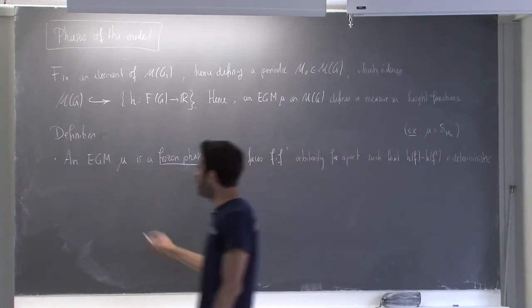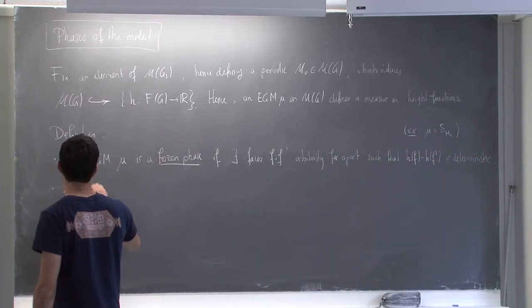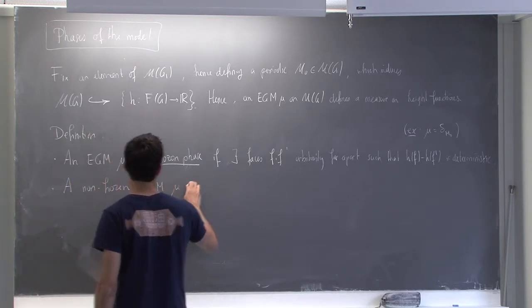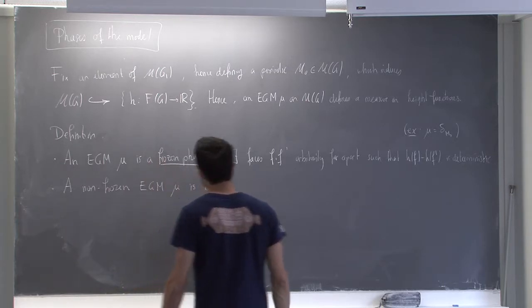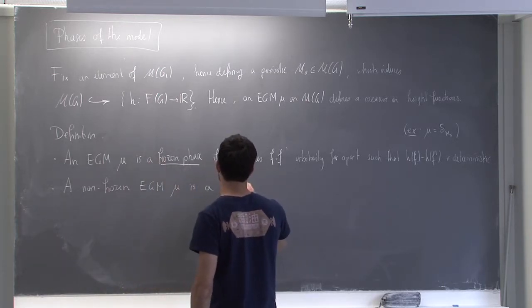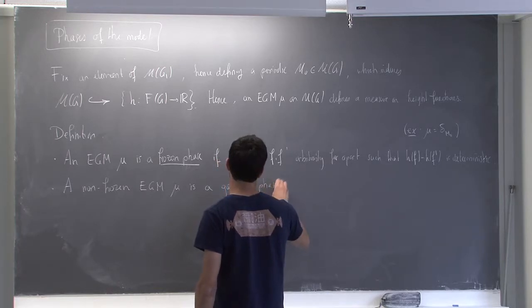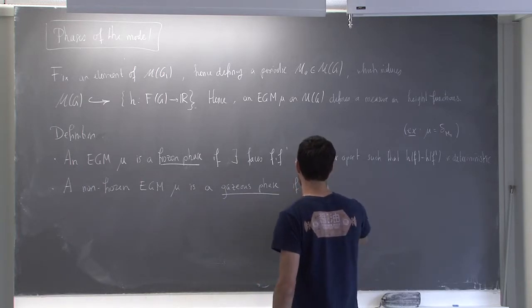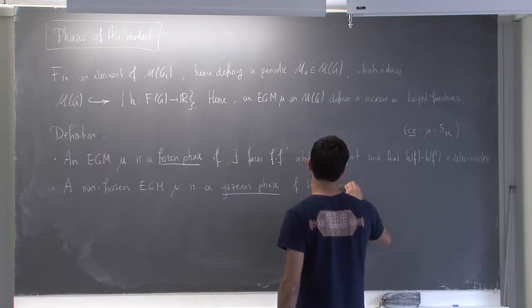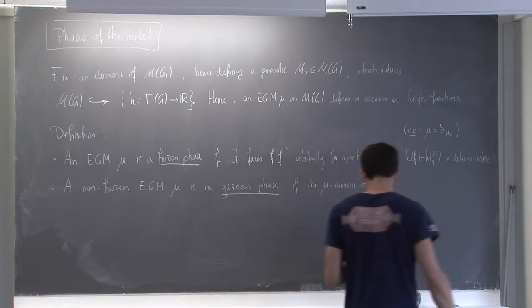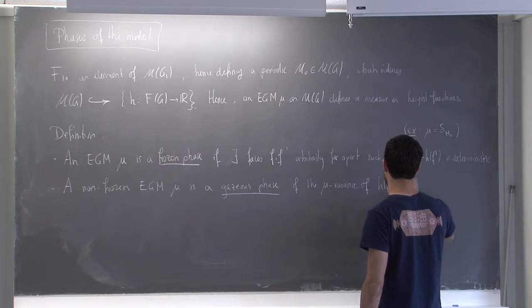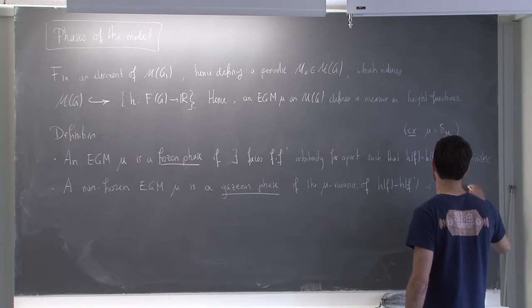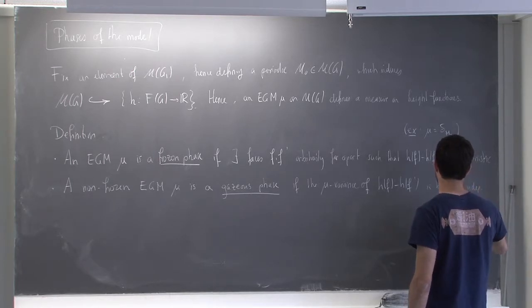Now, a non-frozen ergodic Gibbs measure mu is a gaseous phase if the mu variance of this difference is bounded, independently of f prime.